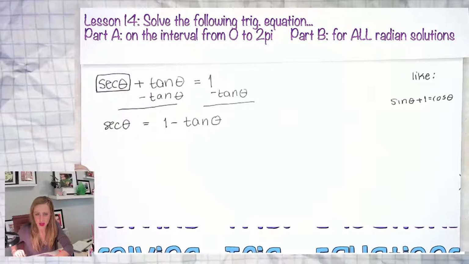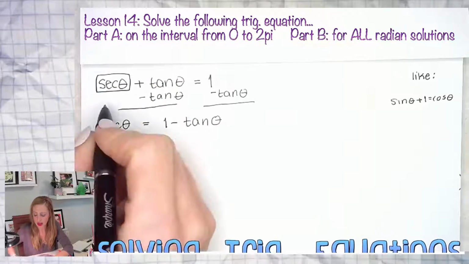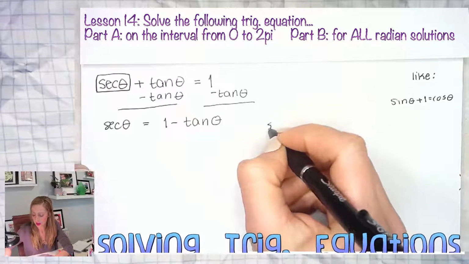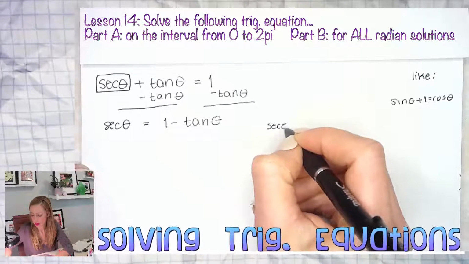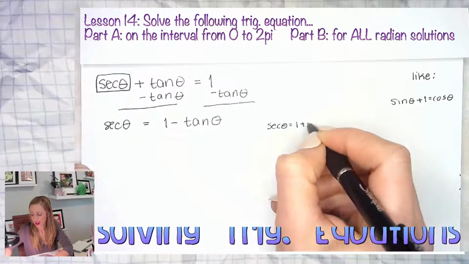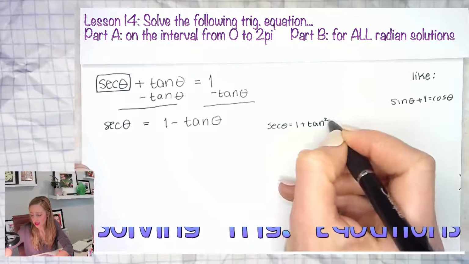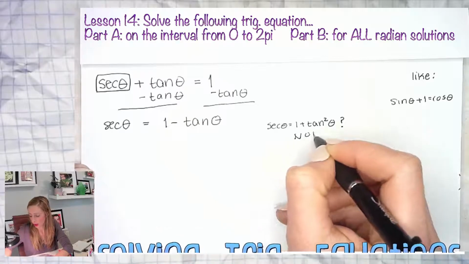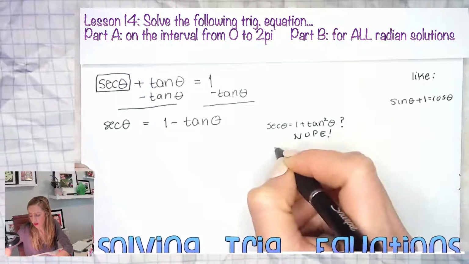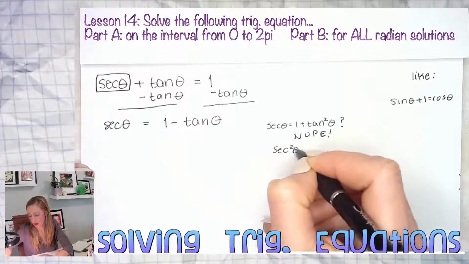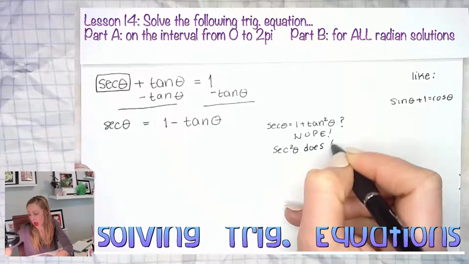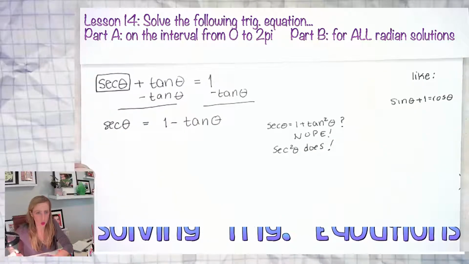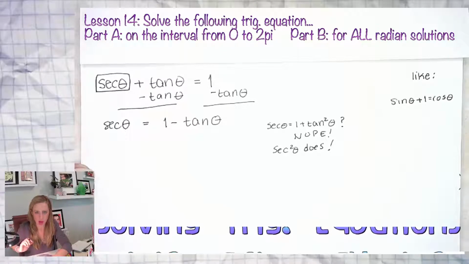And then he realized his own answer. So what was the answer to your question? Well, because the secant isn't squared. Exactly. So I'm going to write secant theta equals 1 plus tangent squared, question mark. Nope. Right? Secant squared theta does. And that's why we're squaring both sides, so we can get those squares involved.